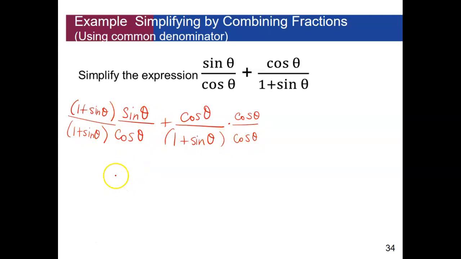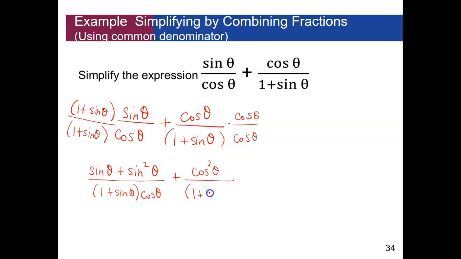So I can combine them and start simplifying here. So I'm going to distribute here. Okay, so I'm going to have sine plus sine squared, and all that is over 1 plus sine theta cosine theta. Over here, I'm going to have cosine squared over 1 plus sine theta cosine theta.